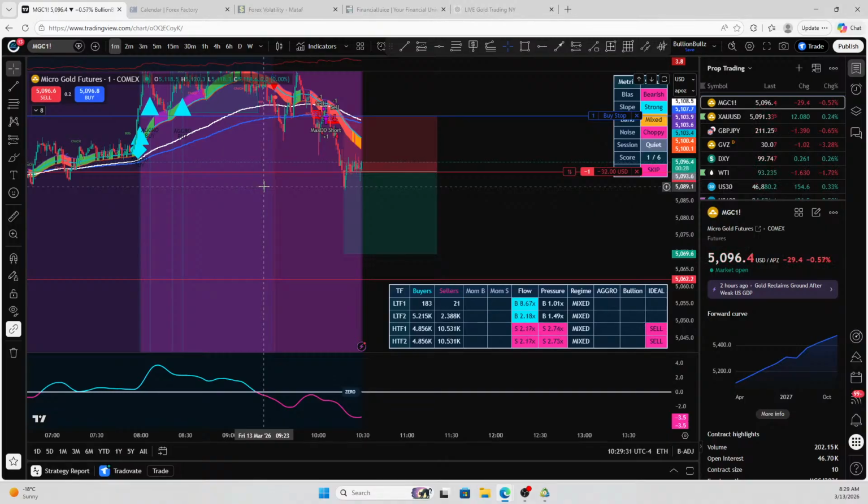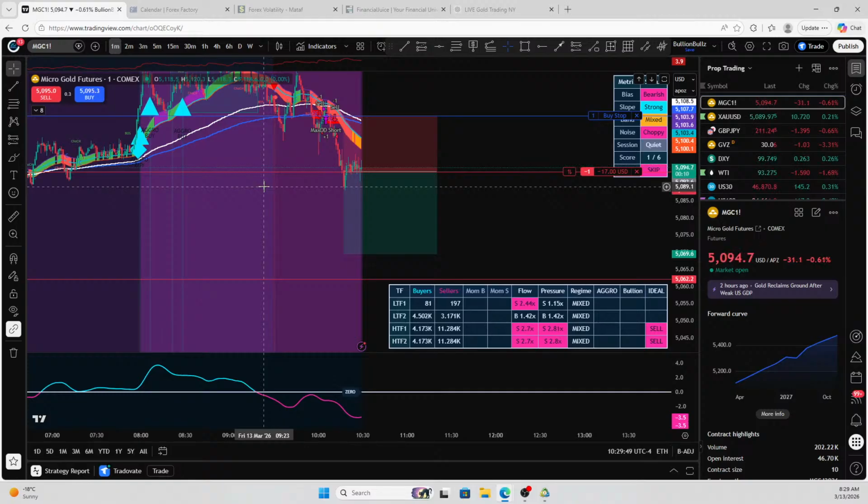Okay, we're still dominating. The sellers are still dominating. The 30-minute candle is about to close, guys.